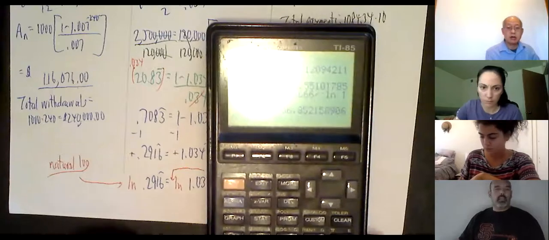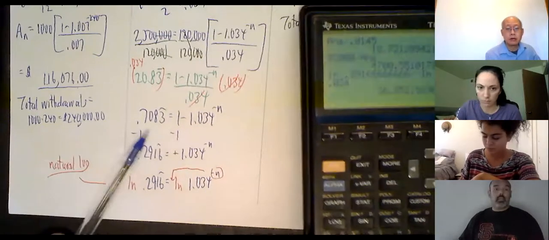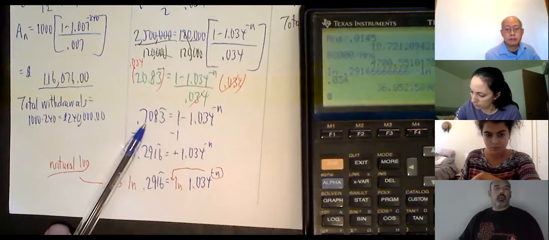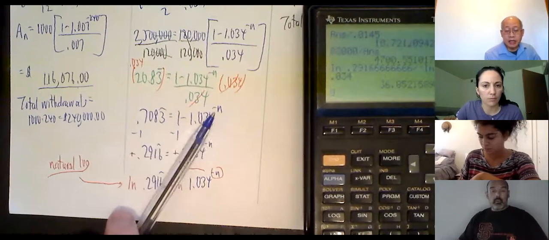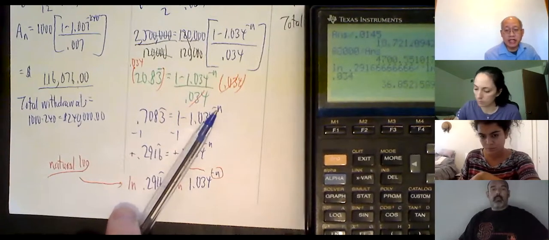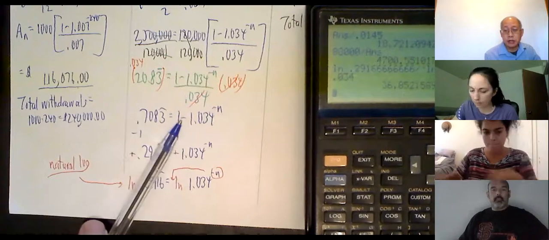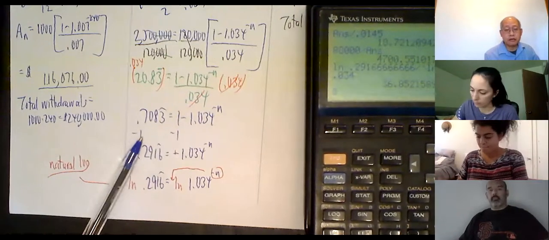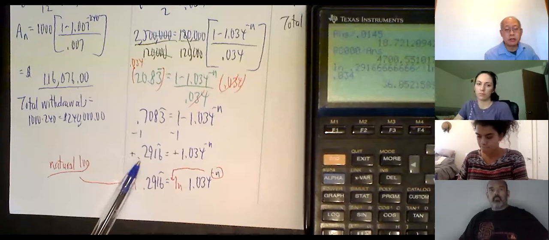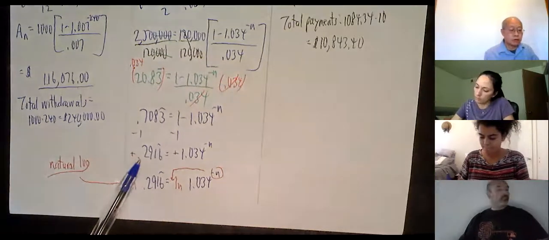Instead of doing that, what happens if you do the 1 minus 1.03? You can't do that because it's tied up with an exponent. By order of operations, the exponent has priority over subtraction, so we're not allowed to do that. So you have to do that minus that, which on my calculator came out to be this. Okay. Thank you. You're welcome.